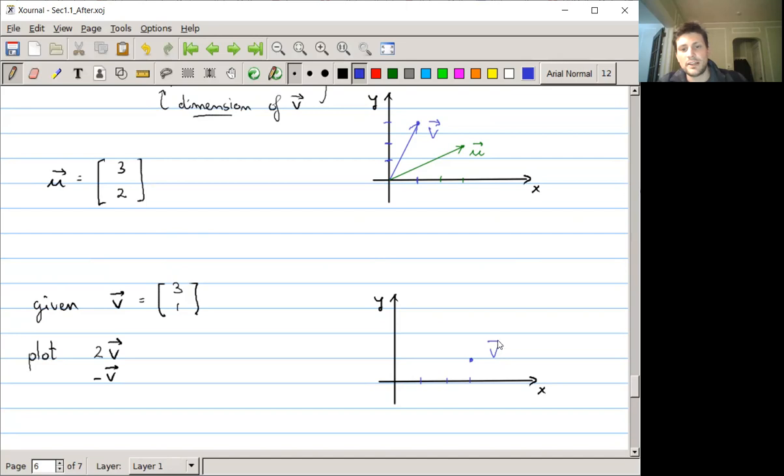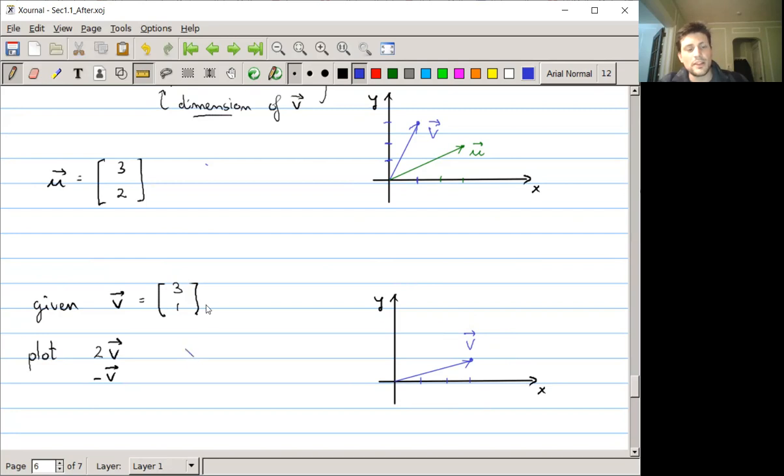So v lies somewhere around there. And here it goes. I can make sense of vectors 2v and minus v.